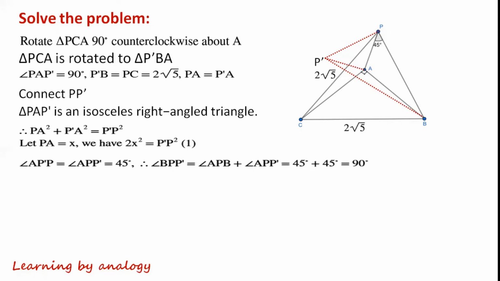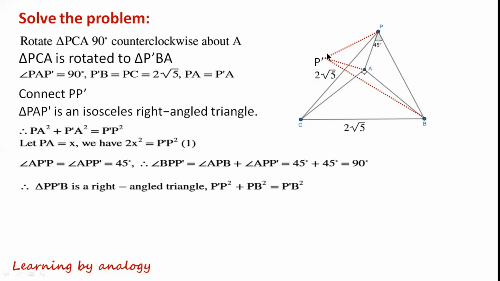Angle AP'P equals angle APP' equals 45 degrees. So angle BPP' equals angle APB plus angle APP' equals 45 degrees plus 45 degrees equals 90 degrees.